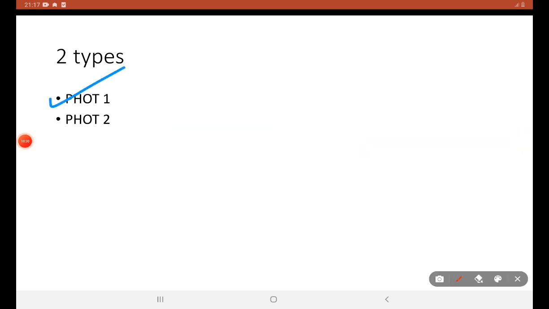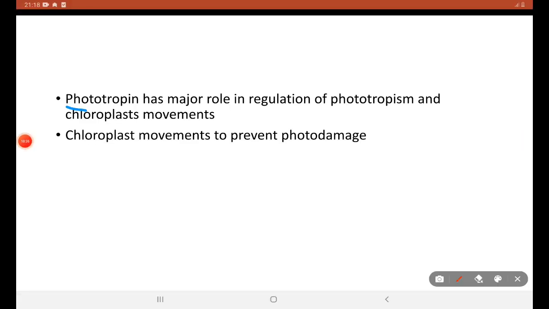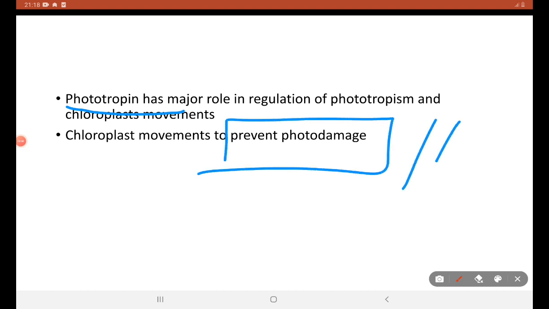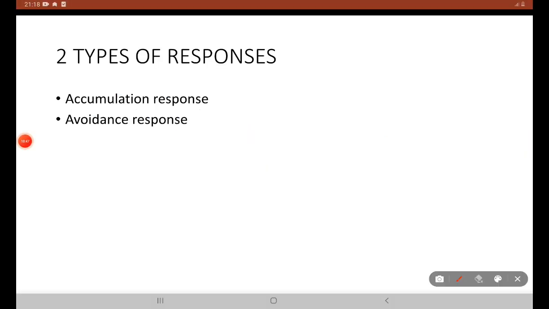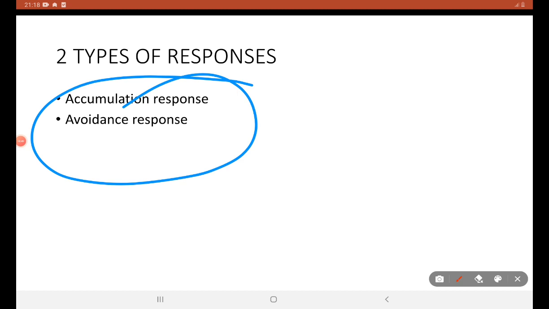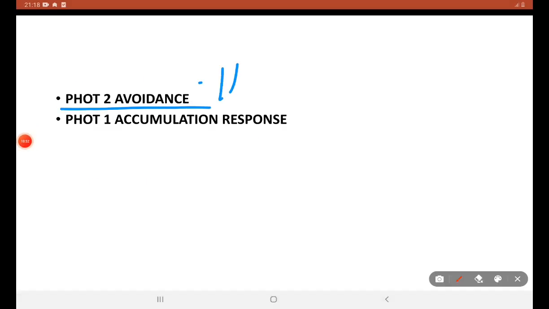Phototropins are of two types, Phot1 and Phot2. Phototropin has a role in preventing photooxidative damage. This is a previous year question. Two types of responses. Phot2 avoidance response, previous year question.